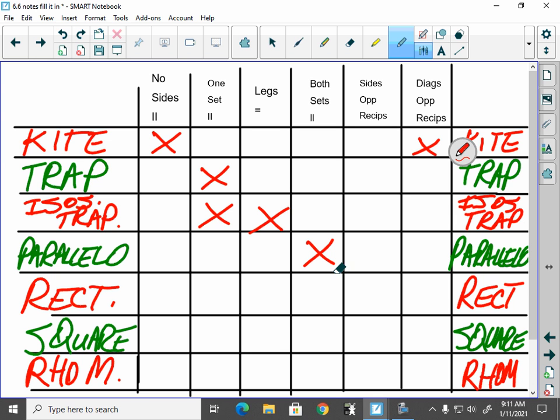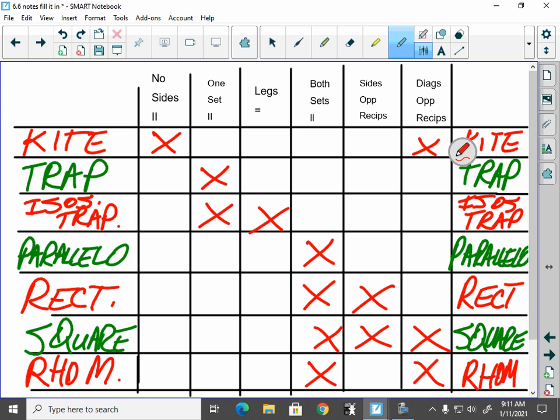A rectangle has both sets parallel and their sides are opposite reciprocals. A square has both sets parallel, opposite reciprocals, and the diagonals are opposite reciprocal. And then a rhombus, you don't have right angles on the corners. I know. Connect the dots.